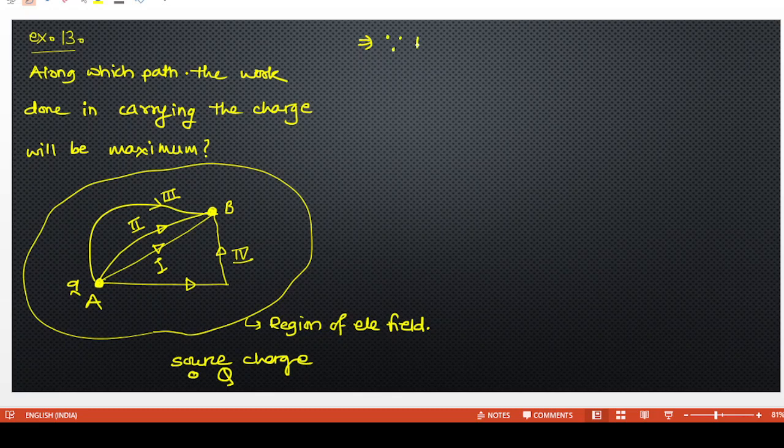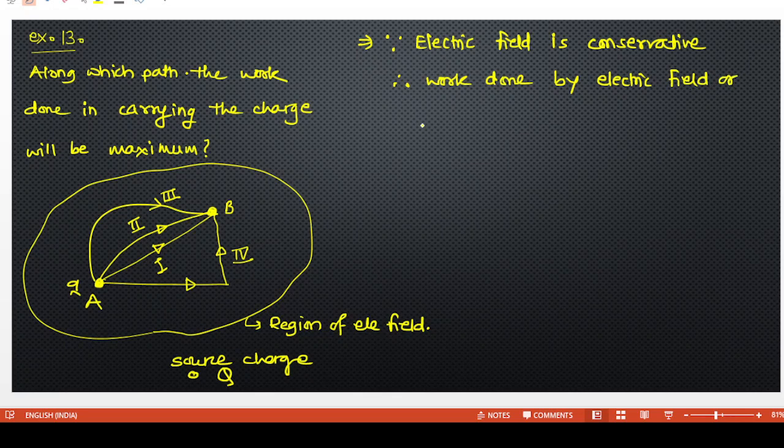So you can write, because the electric field is conservative, therefore work done by the electric field or against the electric field, that is by an external force, is path independent. This work is going to be path independent.